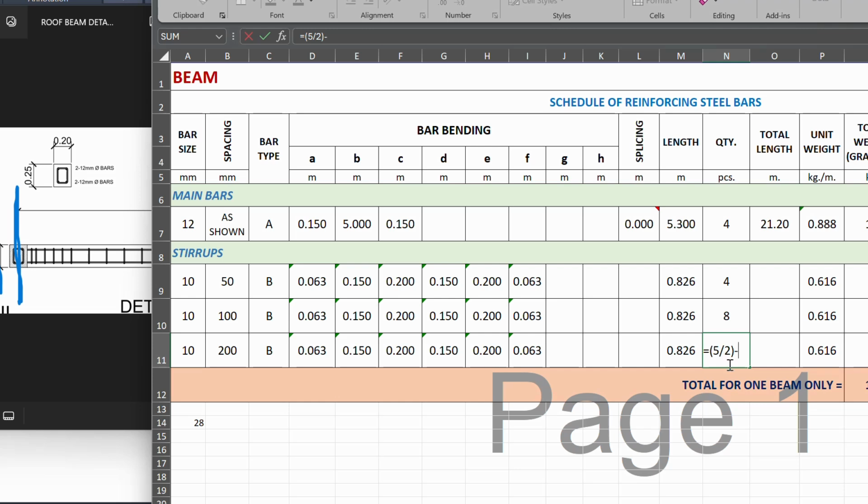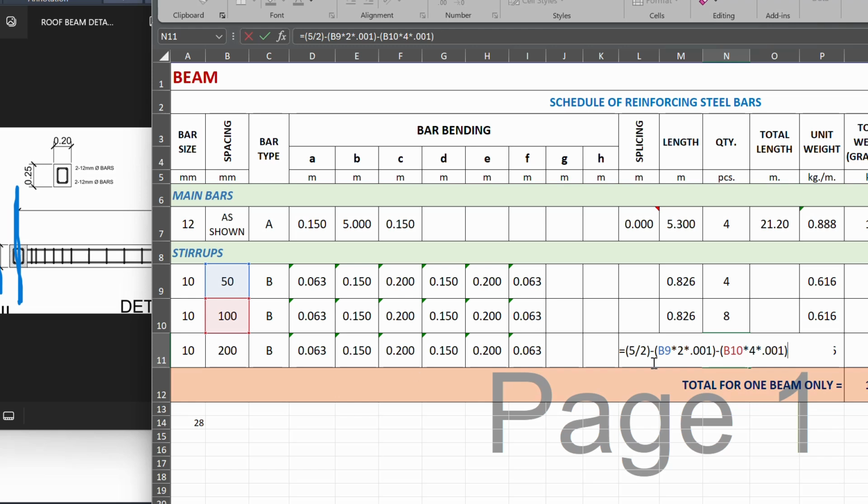And then I will subtract the 50 mm times 2, since I am using the half of the beam, times 0.001 so that the 50 mm becomes meters, and then minus this 100 mm times 4, and multiply by 0.001 to make it meters again.